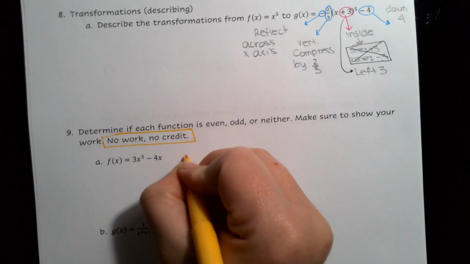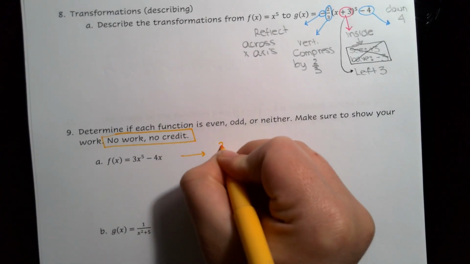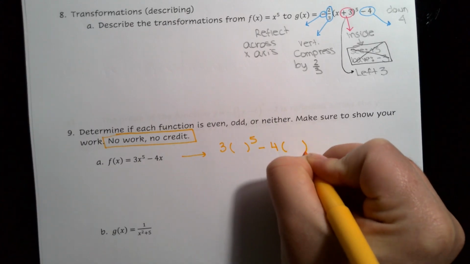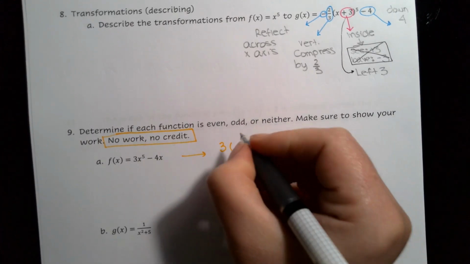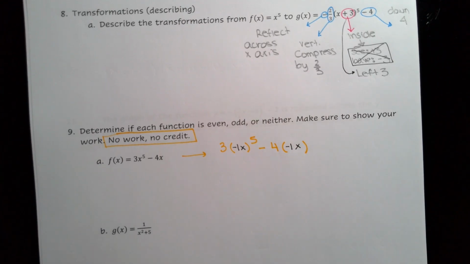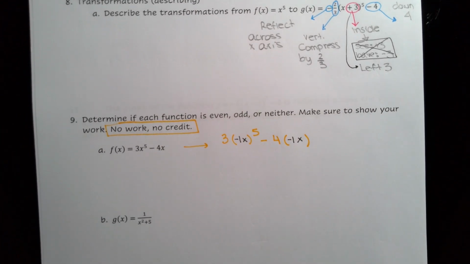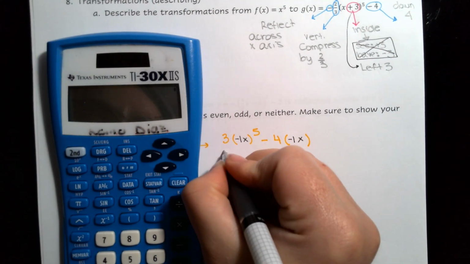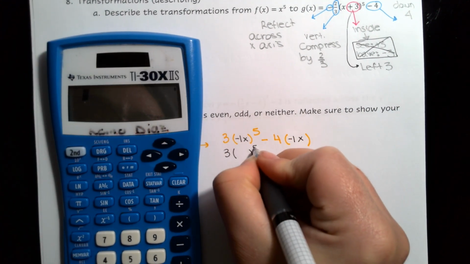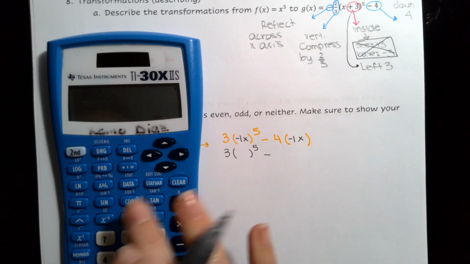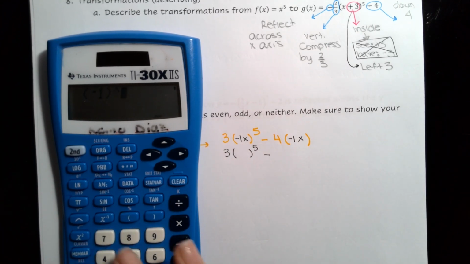Step number 1, you're going to open up your function. 3, open, 5 minus 4, open. You're going to insert a -1x. Now, yes, I actually do want you to write this as -1x because then you can use a calculator. Next, you're going to evaluate what we have. 3, open to the 5th power, minus, and then here, I'm going to type in -1 in parentheses, caret 5.